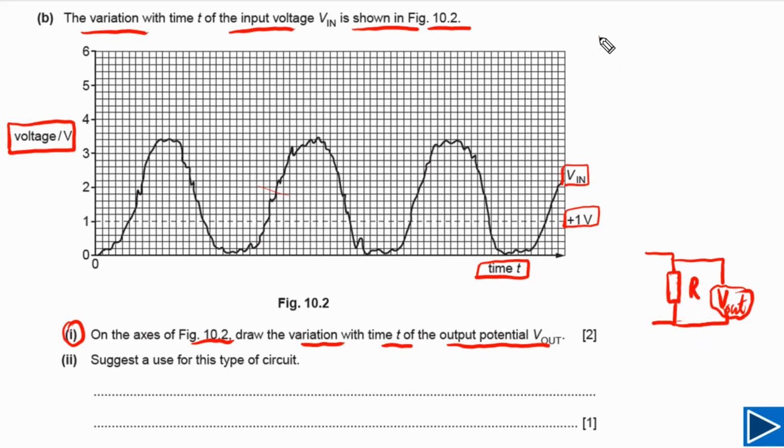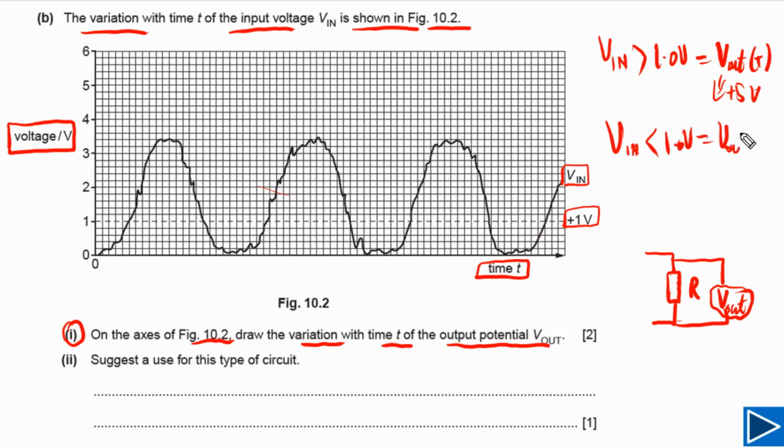In the previous part, we already discussed that when V in is greater than 1.0 volt, V out was positive and equal to plus 5 volts. And when V in was less than 1.0 volt, the output of the op amp was negative, and because the diode was connected in reverse bias, V out was equal to 0 volt.